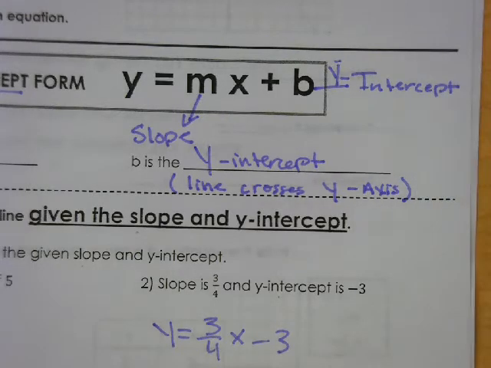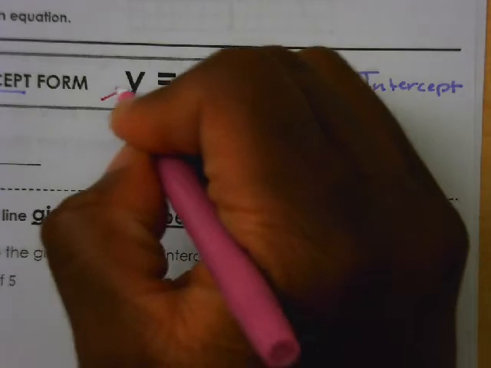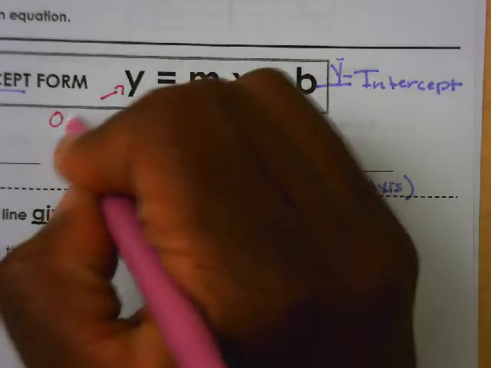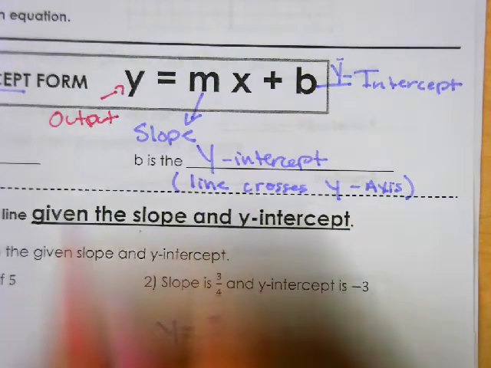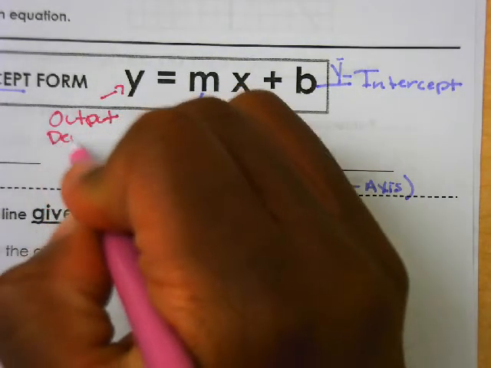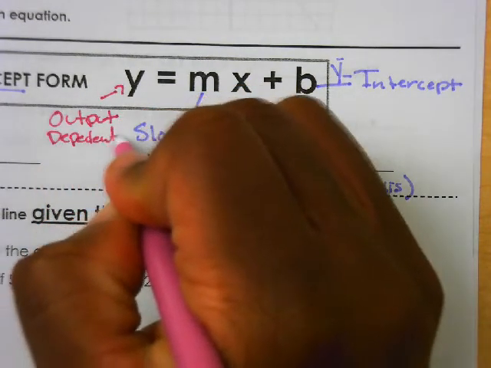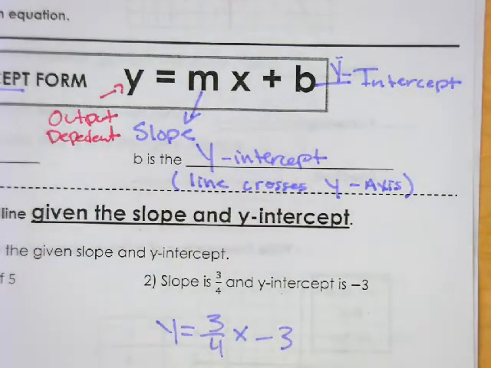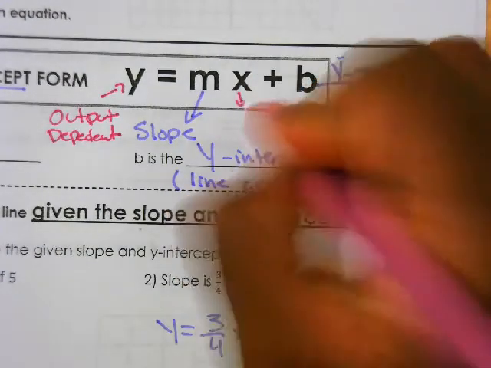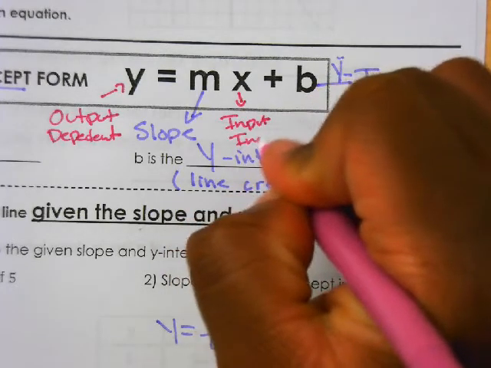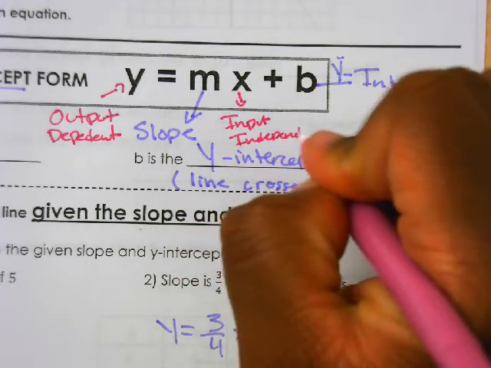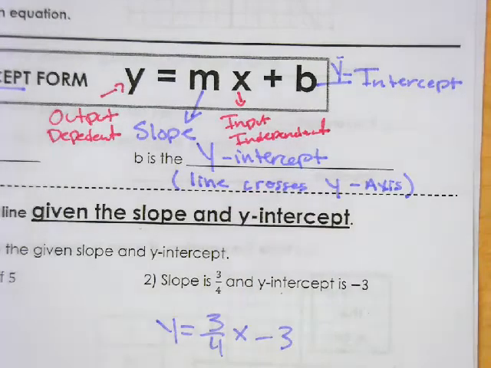And so we still have this y and this x right here. The y is the output, or the dependent variable. And this x is your input, or the independent variable.